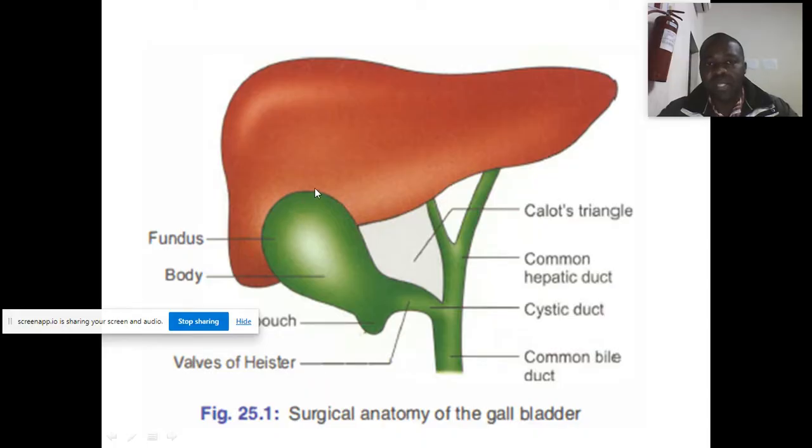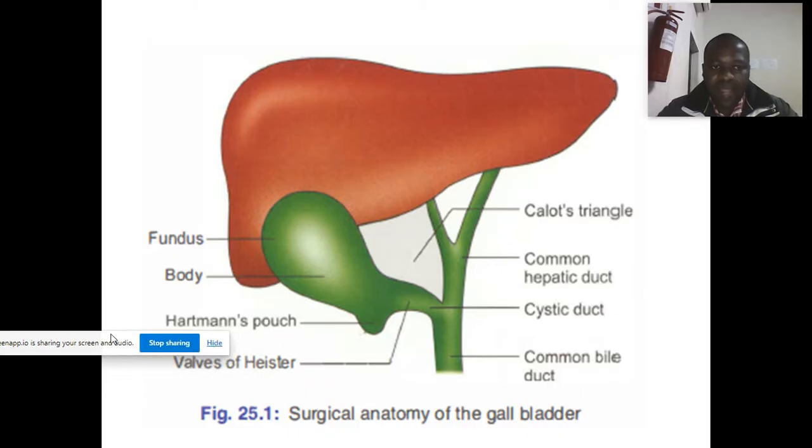Not that it is attached, it can easily be separated during surgery. Okay, it has parts just like the stomach, it has the fundus, the body. And what part is this? This is the Hartmann's pouch, the valves of Heister.